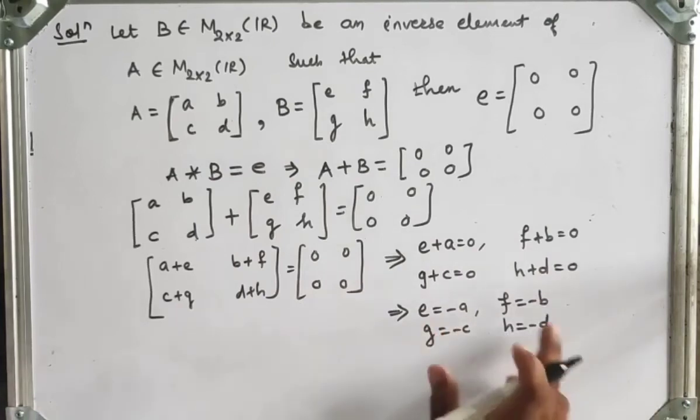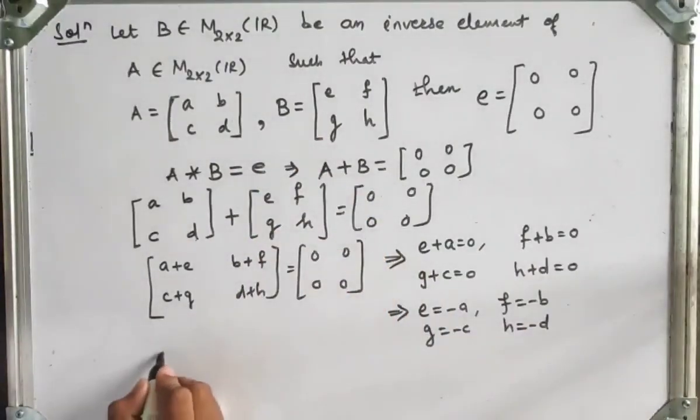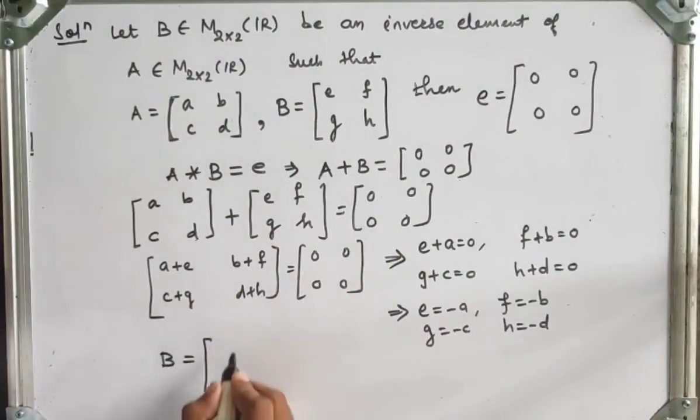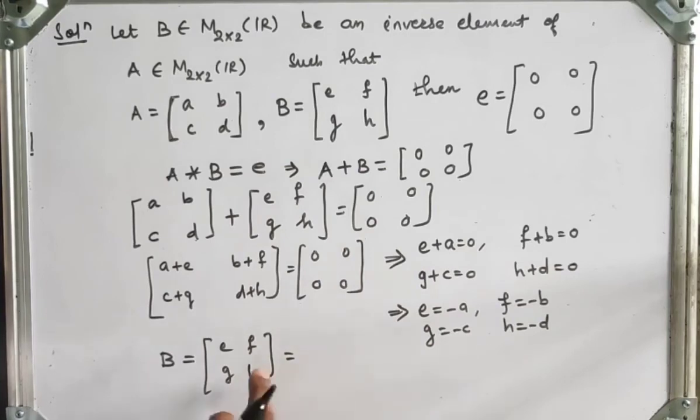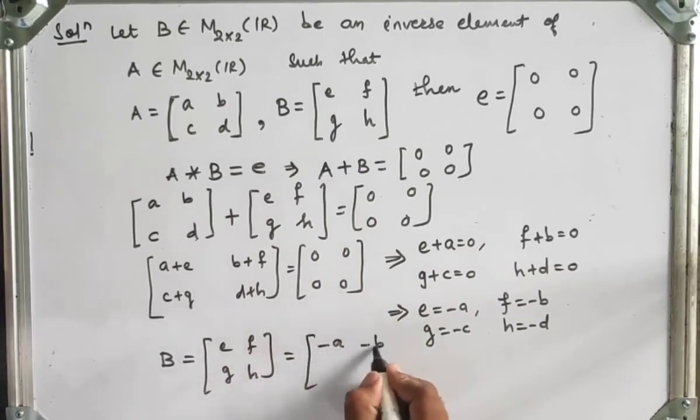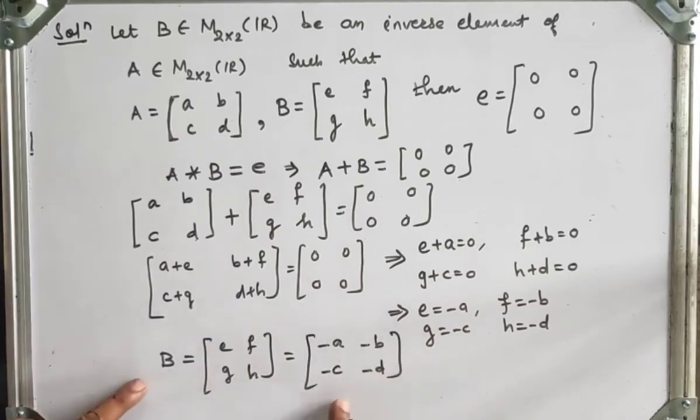So using these values in this equation, B is equal to what? What is the value of E, F, G, H? After using these values in this matrix, we get minus A, minus B, minus C, minus D. So what is the inverse element?